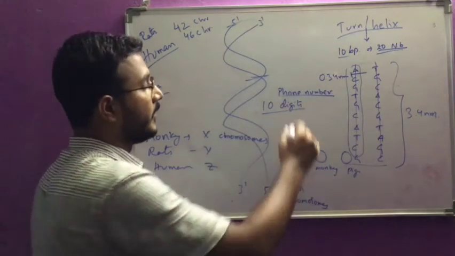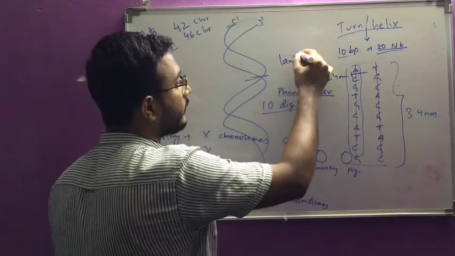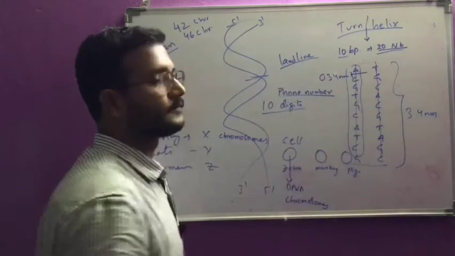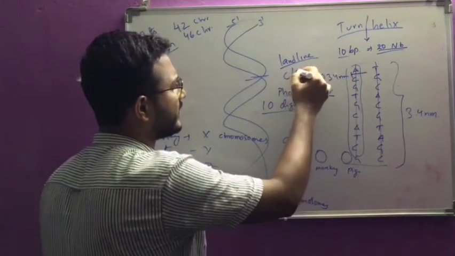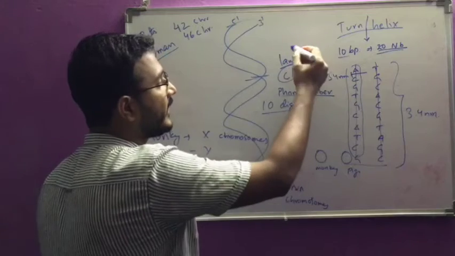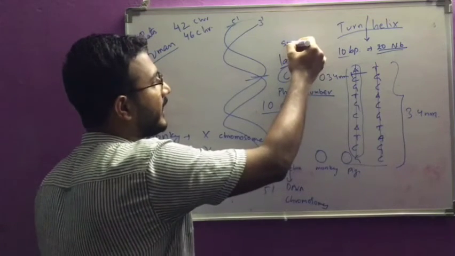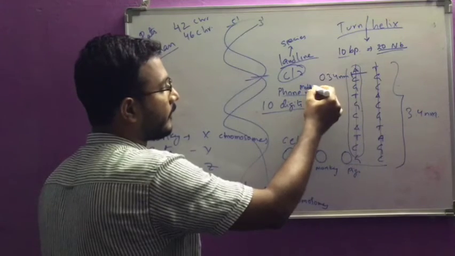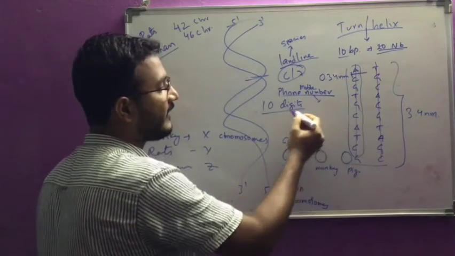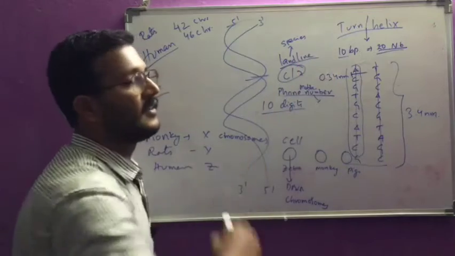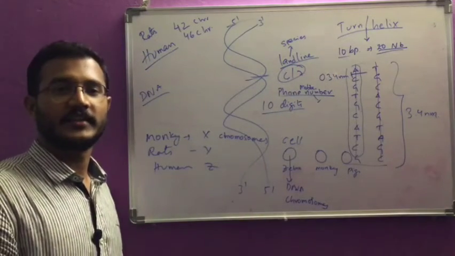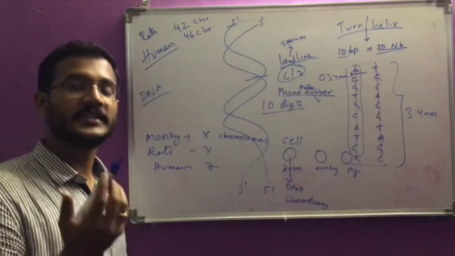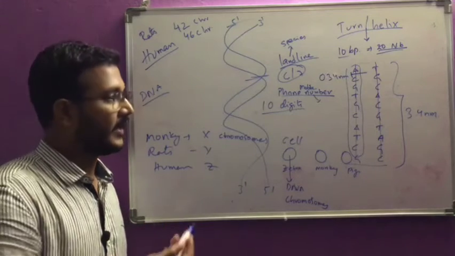Like, for example, a landline number has 6 or 7 digits. You can assume the landline number as another species, and the mobile number as another species. One has 10 digits and the other has 6 or 7 digits. And the people who have landlines do not have the same number.